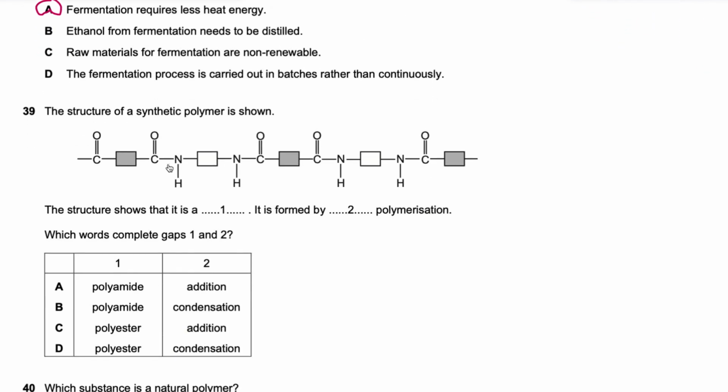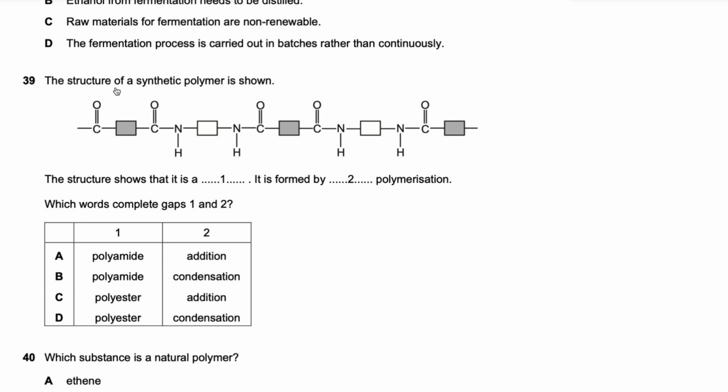Question 39 says the structure of a synthetic polymer is shown. The structure shows that it is a dash, formed by dash polymerization.